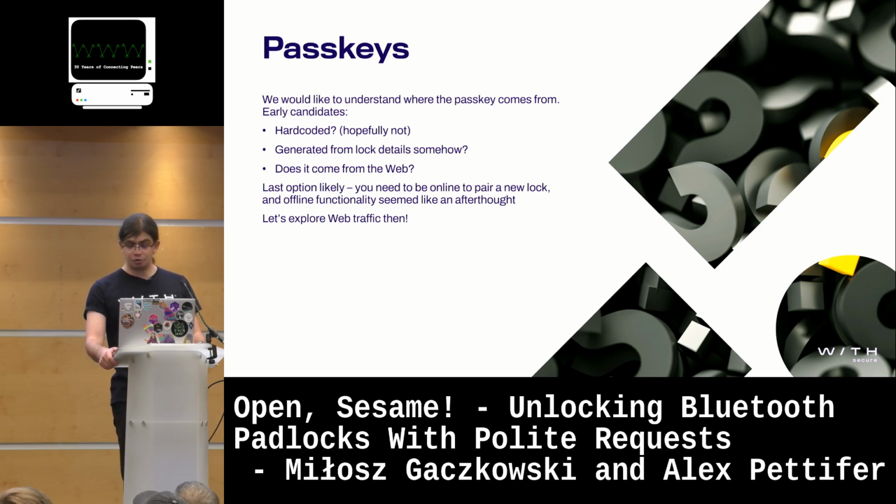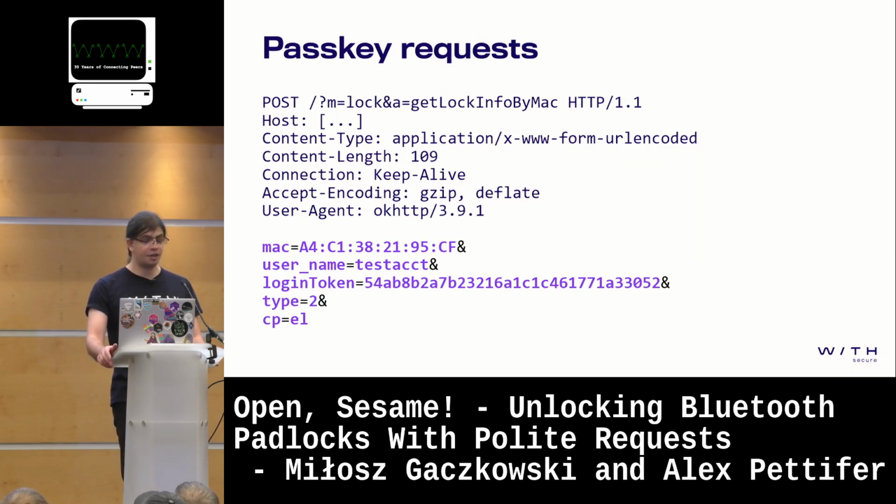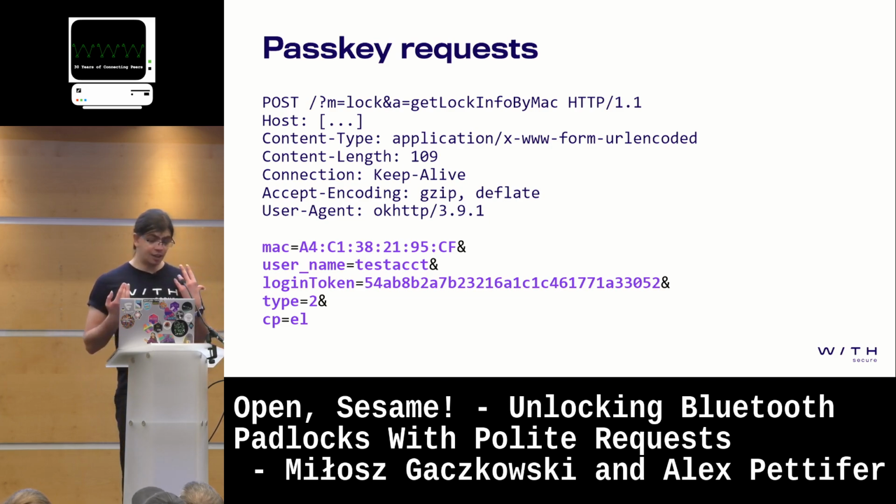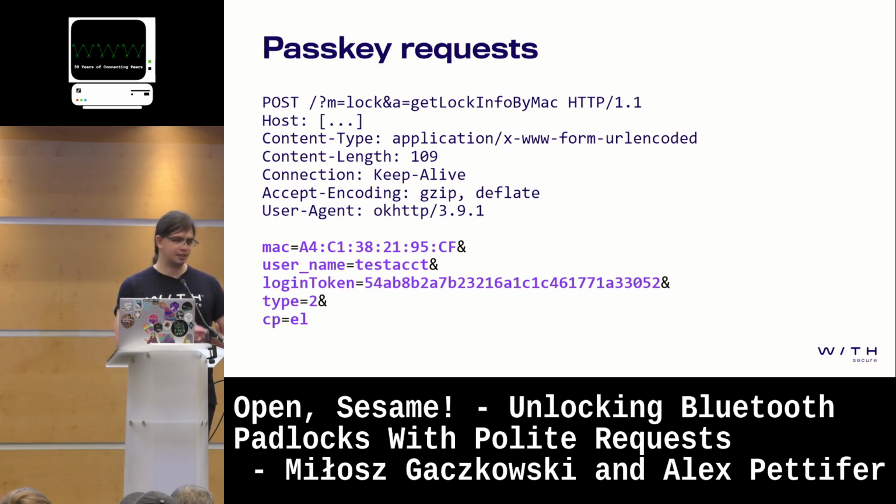Looking through the actual information, we eventually find a passkey request. There was a POST request to the API saying get lock info by MAC, and it took a few parameters. It took the MAC address of the lock, which is a public piece of information. Every time the lock advertises that it's available to be connected, it broadcasts its MAC address.